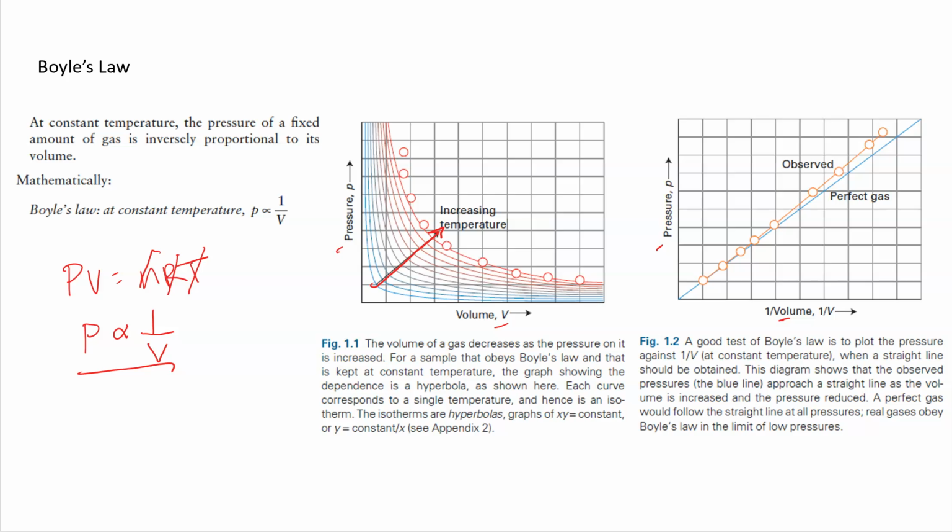Now next to that we see an observed sequence of data points for a real gas. And what I want you to take a look at here is that it doesn't behave ideally over the entire range of data.